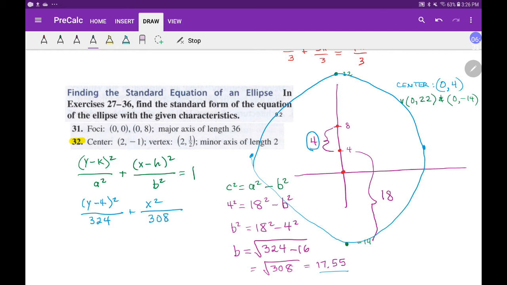I might as well just go ahead and write that number because I can't get a nice square root. And that is my standard equation for this ellipse, which is almost a circle.